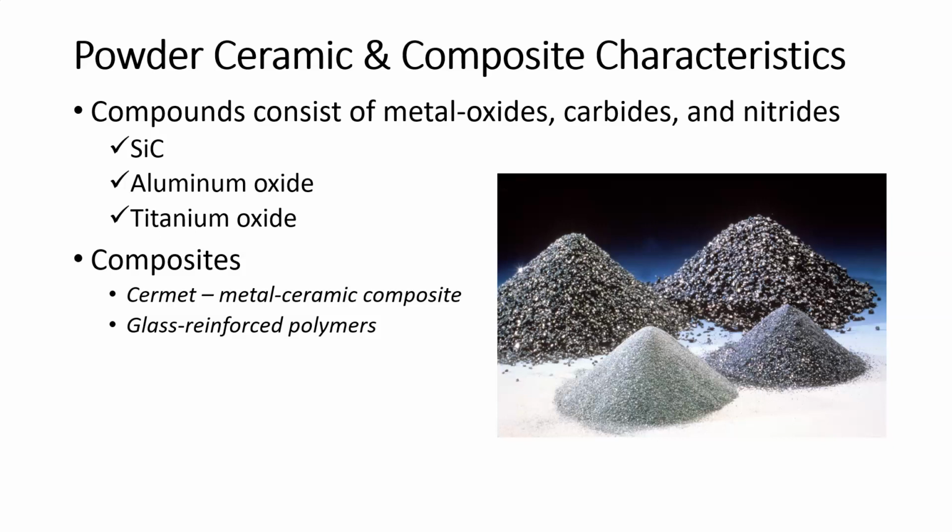Powder and ceramic and composite characteristics include metal oxides, carbides, and nitrides, and composites such as Cermet, which is a metal ceramic composite, and other glass reinforced polymers. Compared to material extrusion, until recently there was no metal that you could print with that. And now we have, of course, Desktop Metal and Markforged, with their metal 3D printing. But we have the thermoplastics, and with photopolymerization, we have the thermosets.